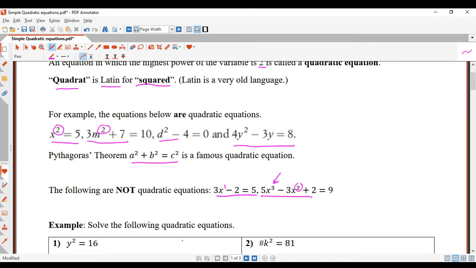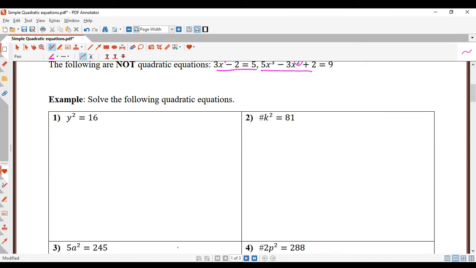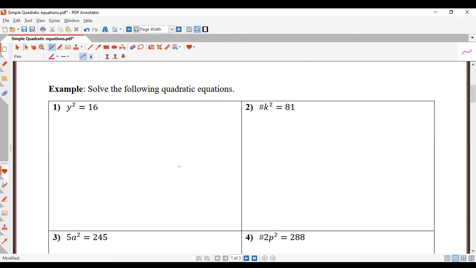All right. Now let's have a look at some examples. So we're going to solve these quadratic equations. So the first one here is y squared equals 16. So you've got to think of a number which when you square it, you're going to get 16. So definitely one number is 4. So 4 squared equals 16.